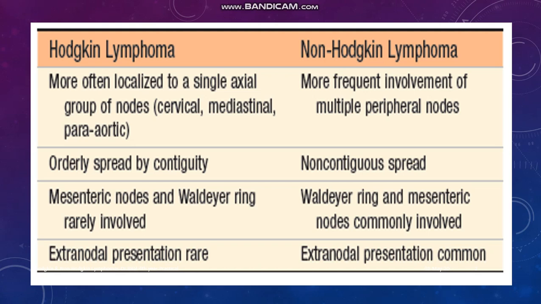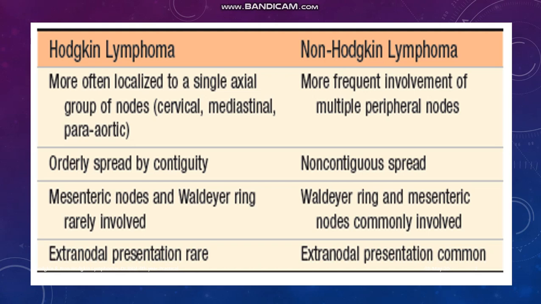Hodgkin lymphomas are generally localized to a group of lymph nodes. However, non-Hodgkin lymphomas are generally not localized to a group of nodes. They involve multiple nodes, and another important thing to remember is that they have extranodal presentations as well, which are fairly common in comparison to Hodgkin lymphomas.